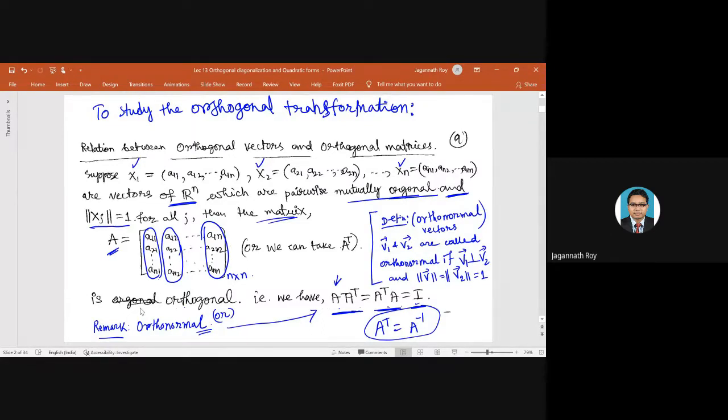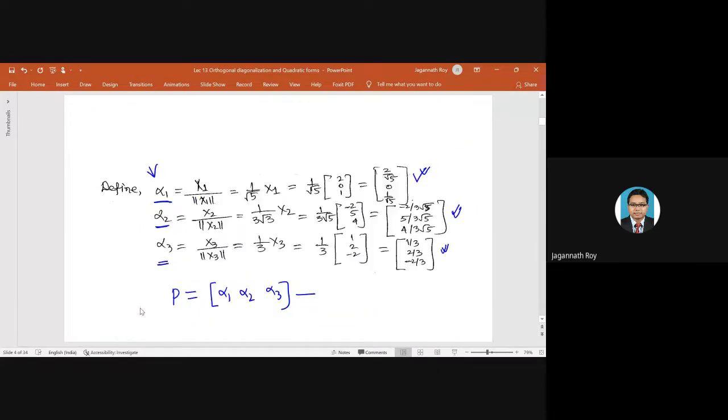So with this definition, this matrix is also keeping the similarity. This matrix is renamed as this vector, orthonormal or orthogonal vector. Okay.